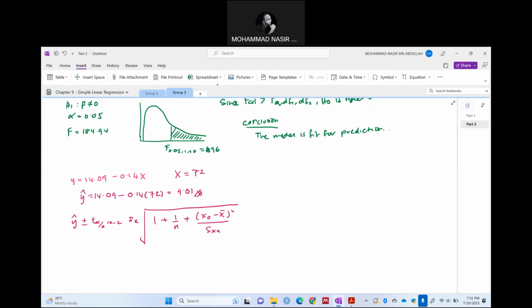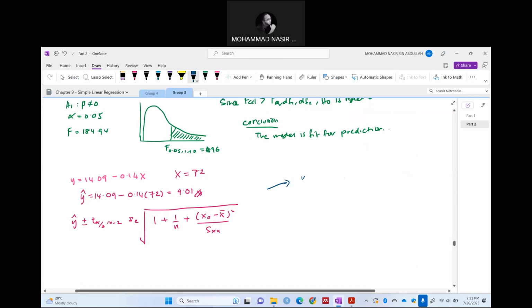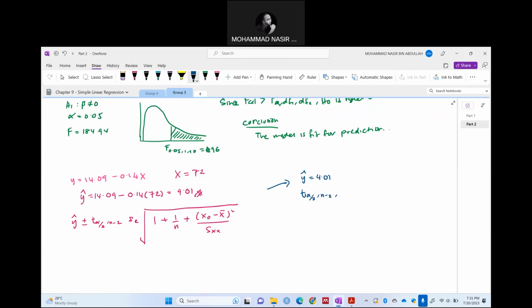So you plug in the value. But before that, we try to list down all the information that we need. Y hat equal to 4.01. T alpha divided by 2, n minus 2 is equal to t 0.025, and degree of freedom is equal to 10, which should be 2.228. Standard error of estimate is the square root of MSE.